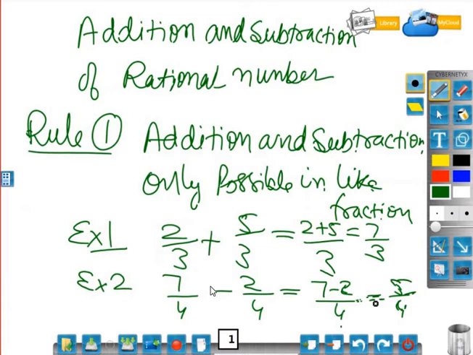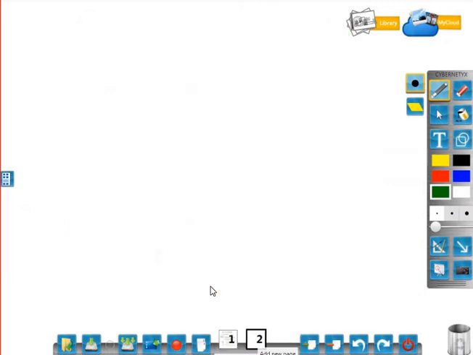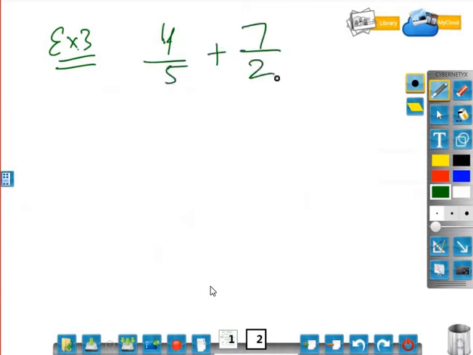So addition and subtraction is only possible in like fractions. Now what will happen if they are not like? For example, example number 3, we have 4 upon 5 plus 7 upon 2.